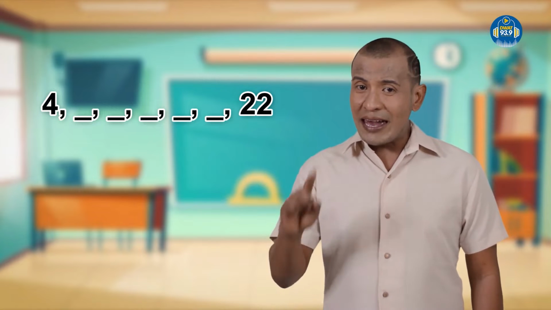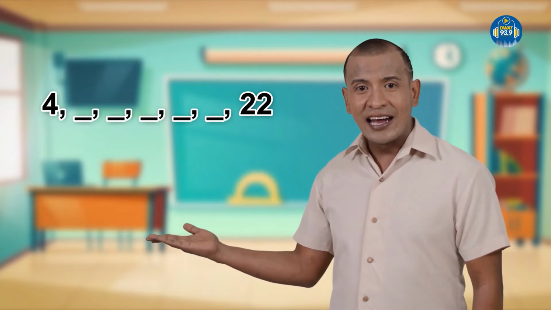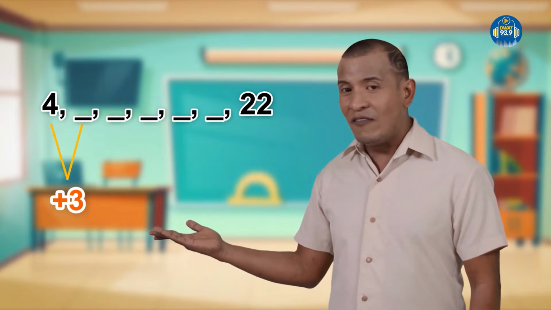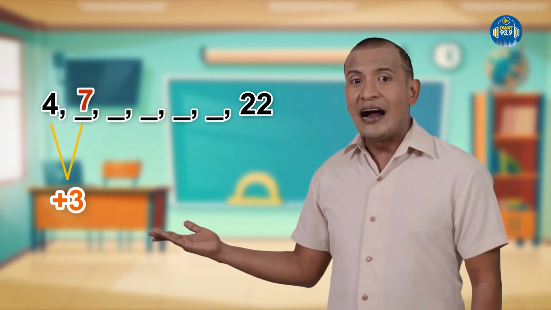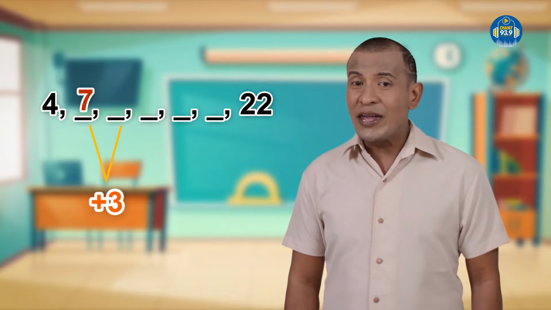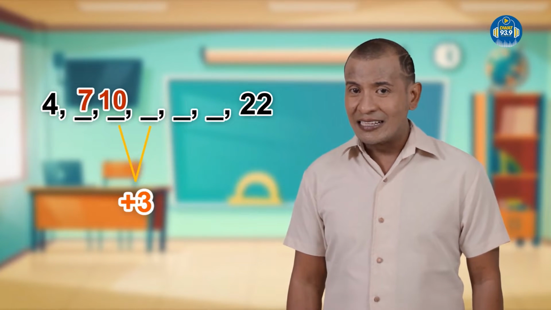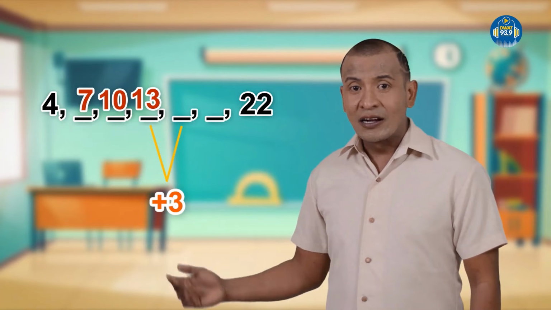So, from a sub 1, which is 4, add 3, which is our d, so we have 7. Add 3 to 7, we have 10. Next, add 3 to 10, that's 13.